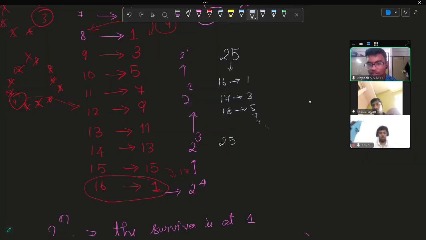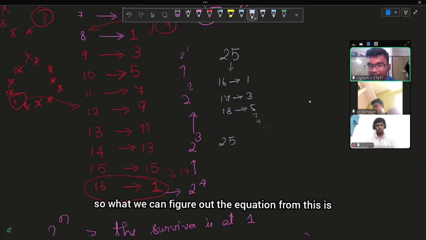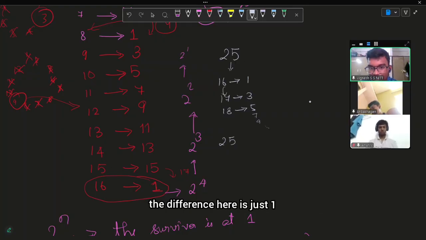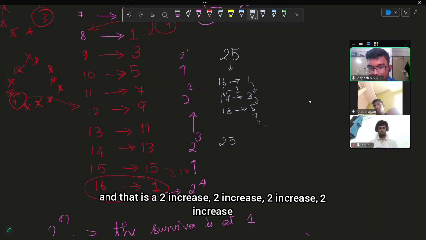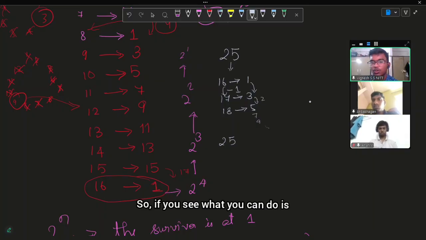What we can figure out for the equation from this is the difference here is just 1, and that is a 2 increase, 2 increase, 2 increase. If you subtract these two, the difference is 1, and if you put it in 2l plus 1, the odd basic sequence, you will get 3.